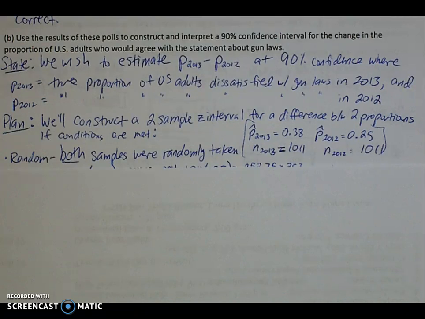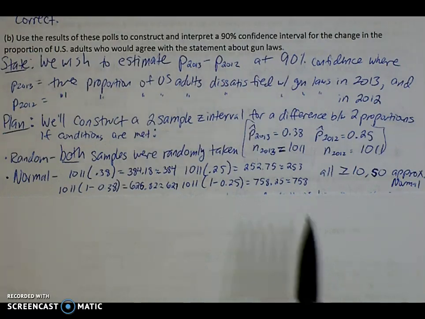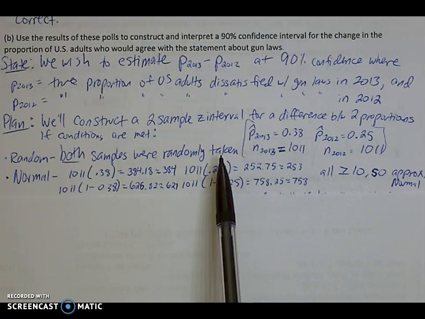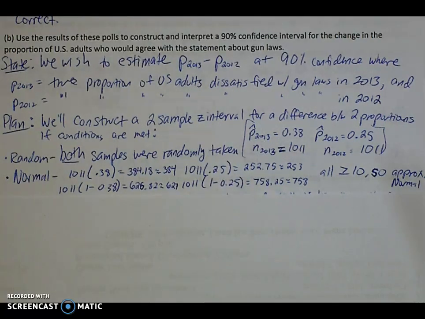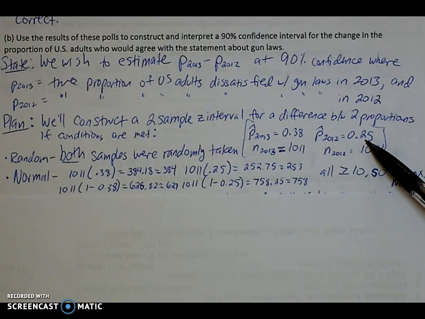When it comes to normal, we have a couple things to calculate. So up here, I just wrote down what my p-hats were, the sample statistics that I got from each set of data. So the proportion from 2013 was 0.38, proportion from 2012 was 0.25.